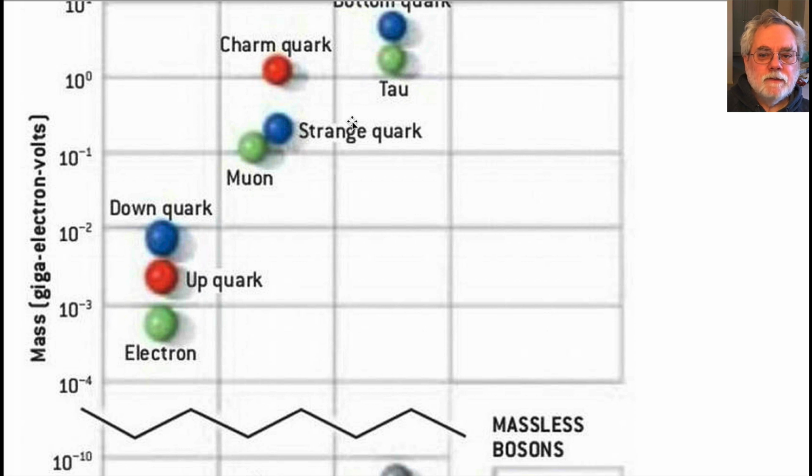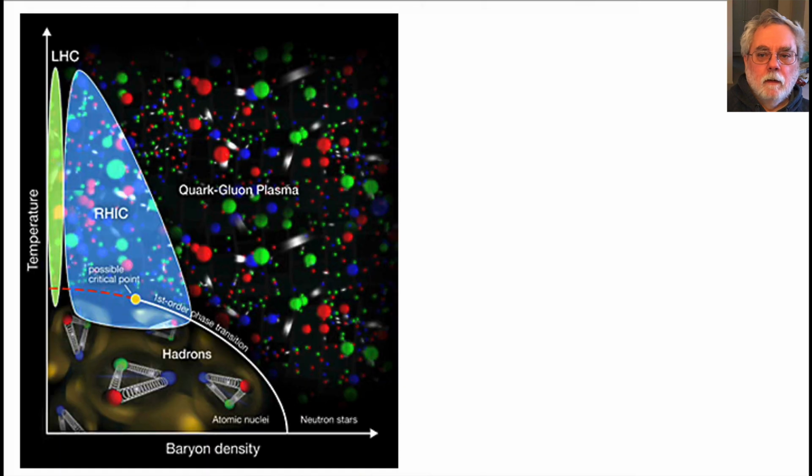By 10 to the minus 4 seconds, charm and strange quark-antiquark pairs stopped being produced and annihilated. About 10 to the minus 4 seconds, 100 microseconds, the temperature and average photon energy fell to 1.3 by 10 to the 12th Kelvin and 300 million electron volts.